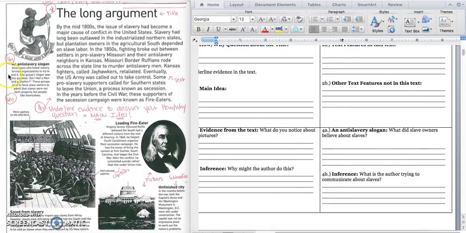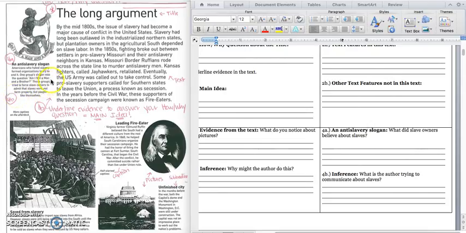It says, Americans who hated slavery formed organizations to try to end it. One group's slogan was the question, am I not a man and a brother? These groups tried to force slave owners to admit that slaves were not farm property, but people like themselves.